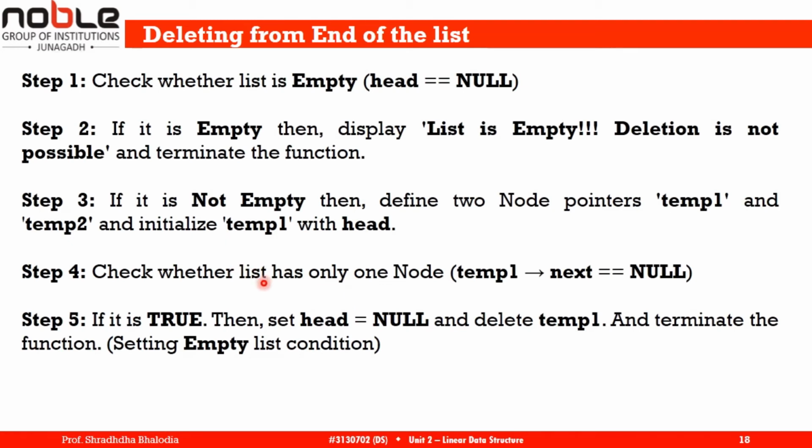So check whether the list has only one node: if temporary 1 next is equal to null, it means the list has only one element, then set head equal to null, delete temporary 1 and terminate the function. It means set all the ends.